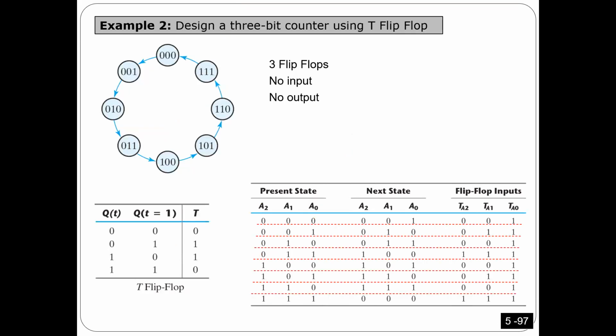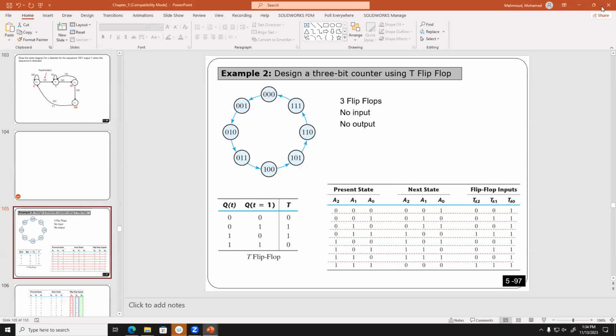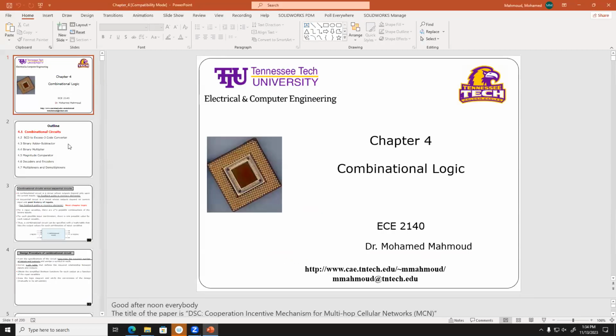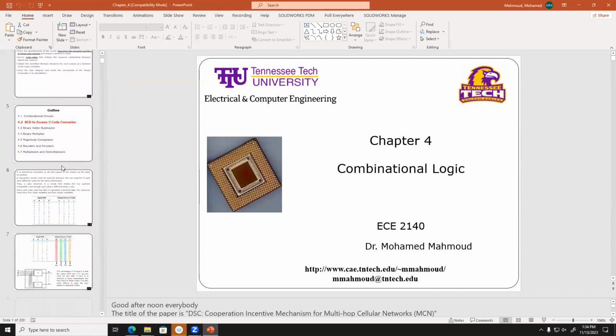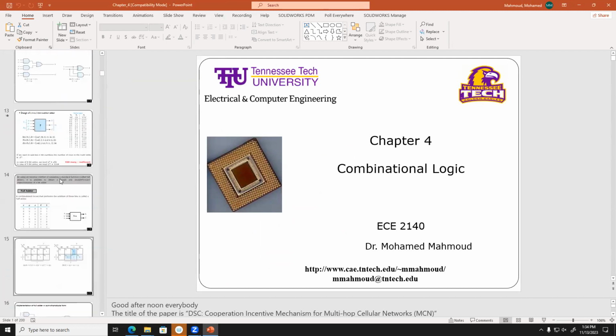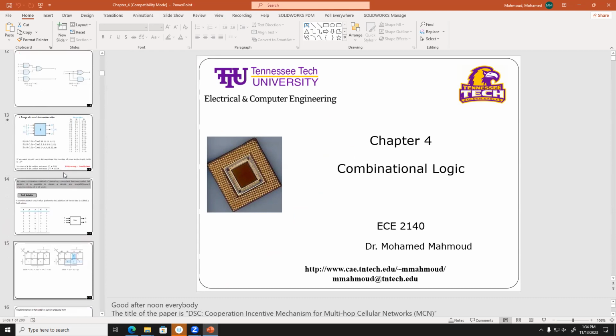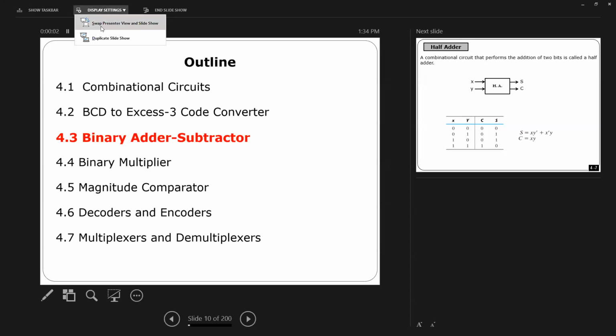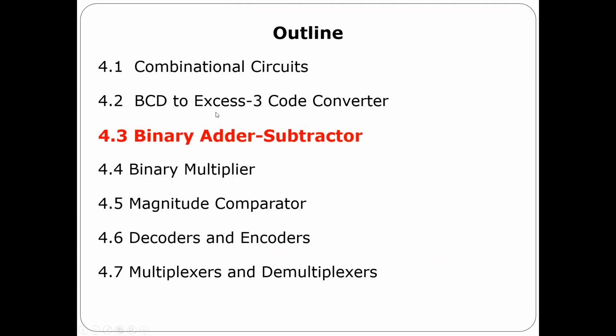So what I'm going to do now is, any questions here? Okay. I left several parts in chapter 4. I want to finish them. Here, you remember in this chapter, I explained how you can design combinational circuits.